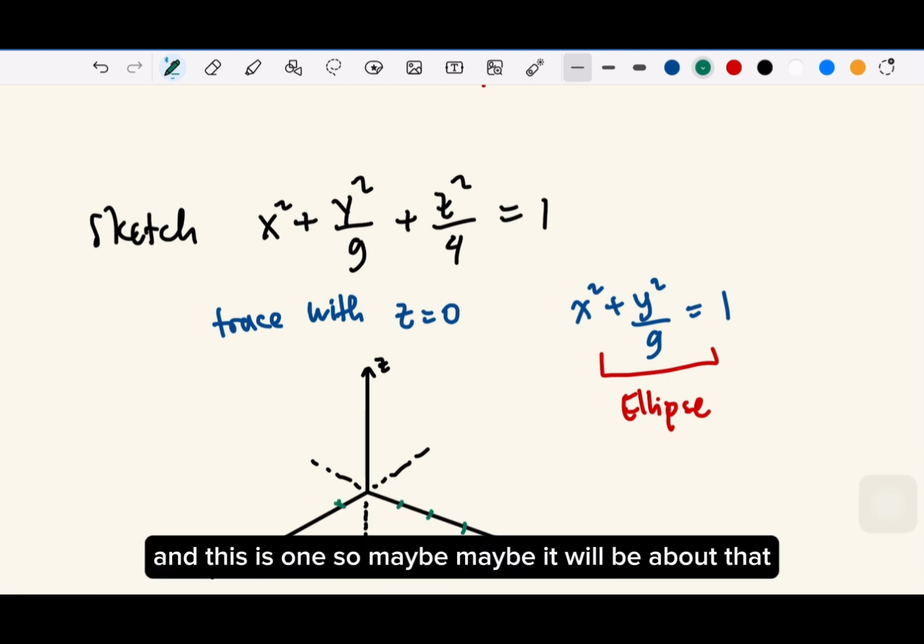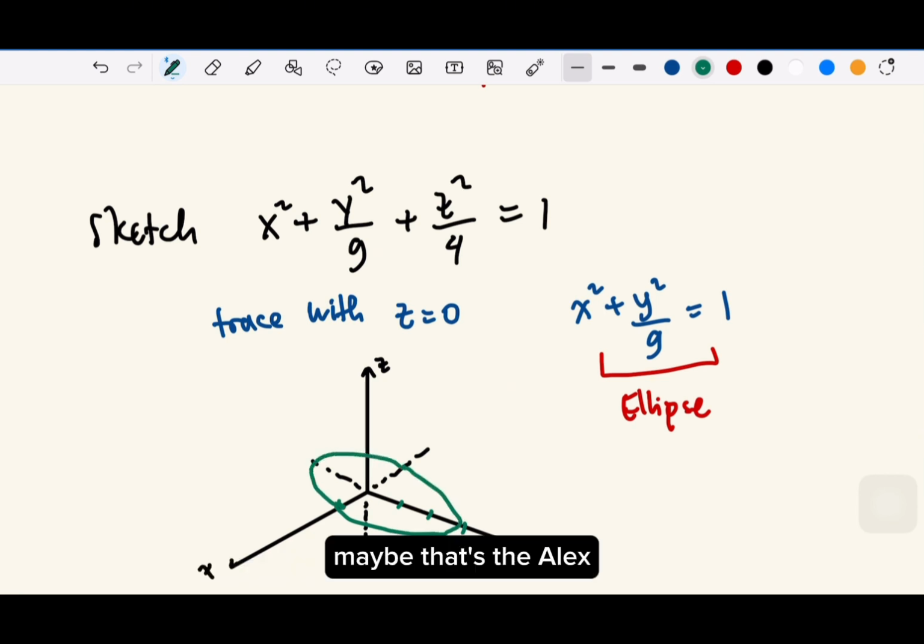So maybe it will be about that. Maybe that's the ellipse. Okay. Not really good. So this is the ellipse.